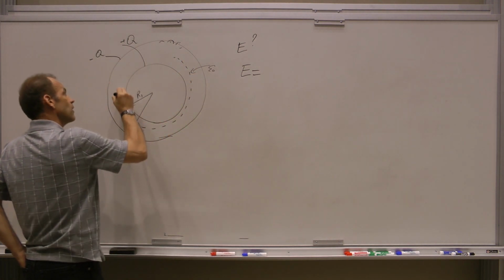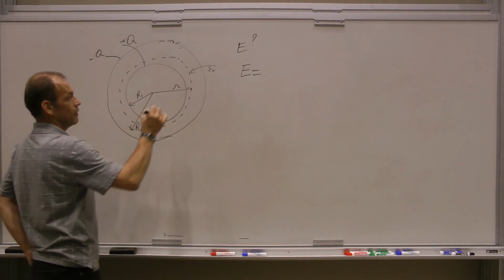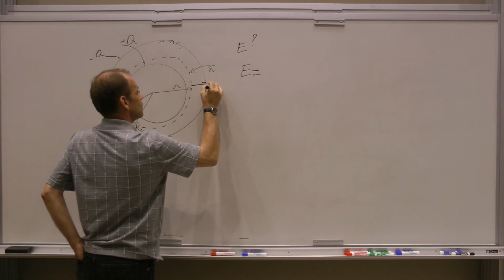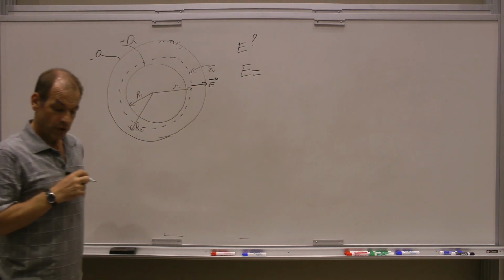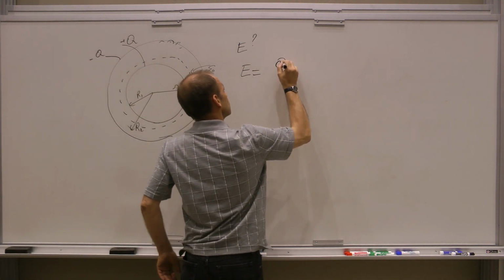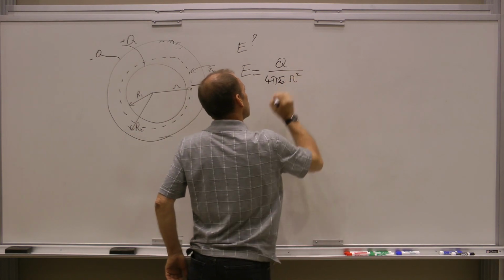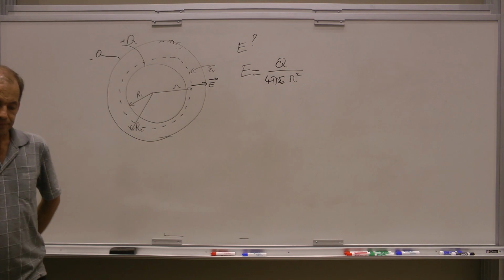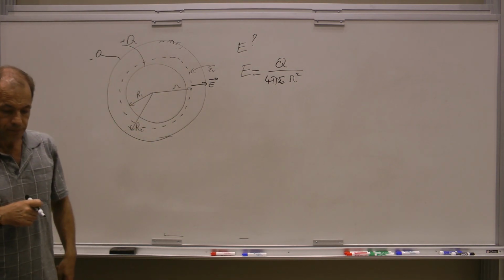We created a Gaussian surface of radius little r, and we calculated the electric field here, which is radial out from the positive, so here's the electric field located right there. And I will refer to what we did in class, which is equal to Q over 4 pi epsilon 0 r squared, r being the radius of my Gaussian surface. And the field is radial and constant on that surface.